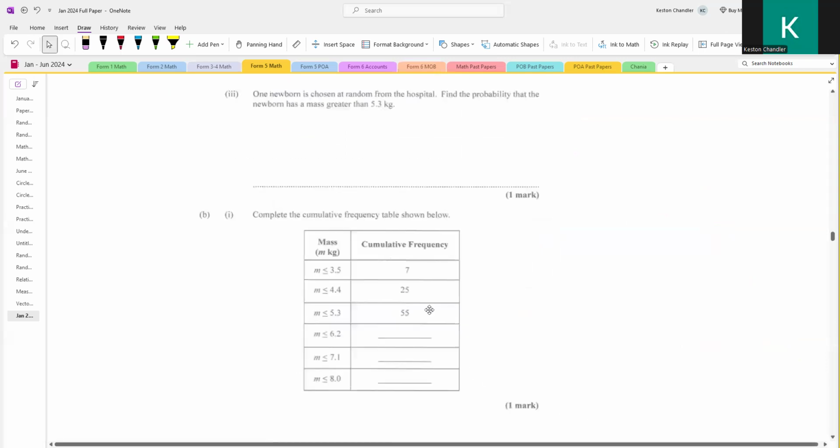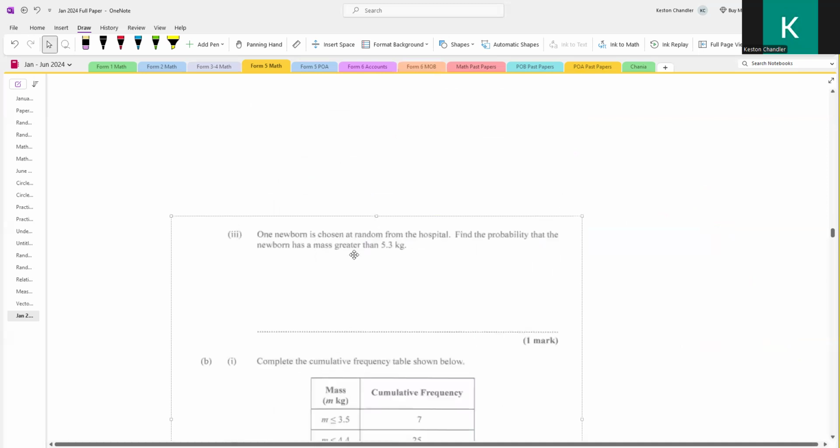Next part. Now, one newborn baby is chosen at random from the hospital. Find the probability that the newborn has a mass greater than 5.3.